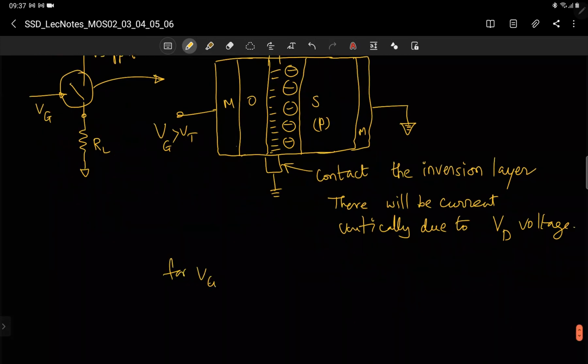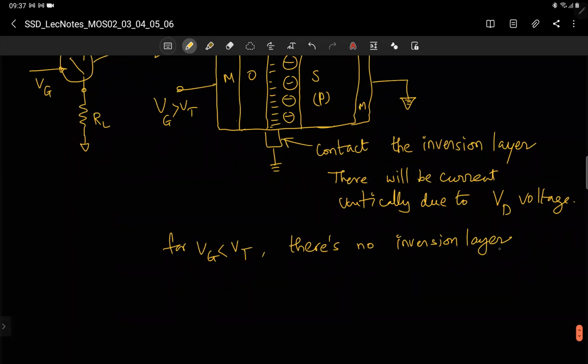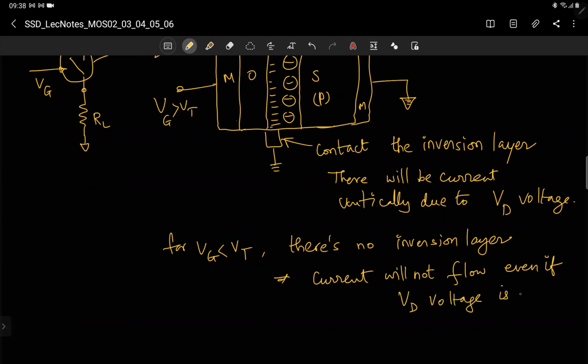For Vg less than Vt, there is no inversion layer, which implies current will not flow even if Vd voltage is applied on top.